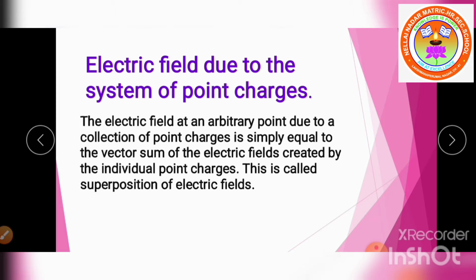This we can understand by considering point charges Q1, Q2, Q3, etc. The last one I am going to take as Qn.